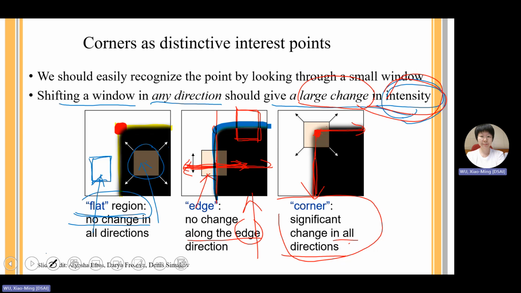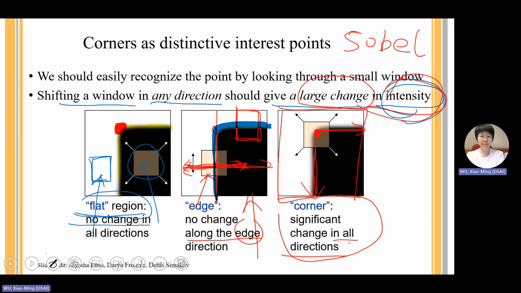Just apply image gradients, comparing neighborhood image pixels, and apply the Sobel operator, derivative of Gaussian, to deal with noise. And we also remove redundant edge pixels using non-maximum suppression, etc. Then what about corners?